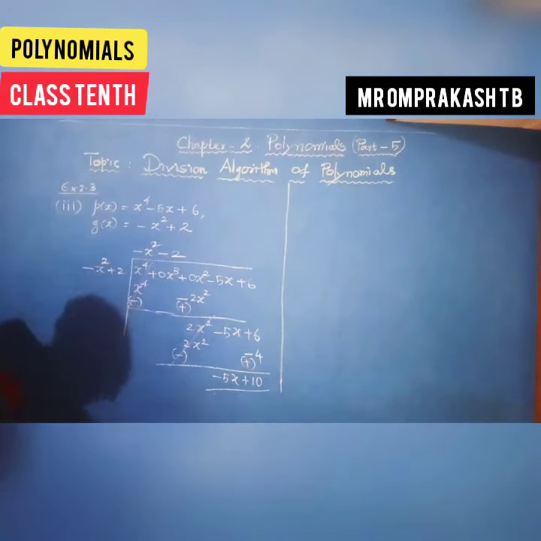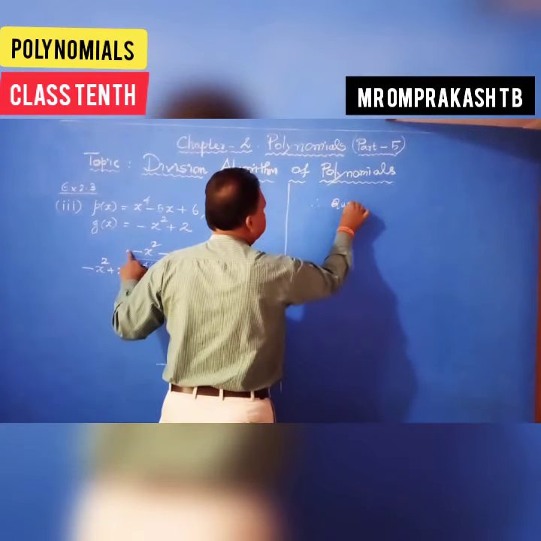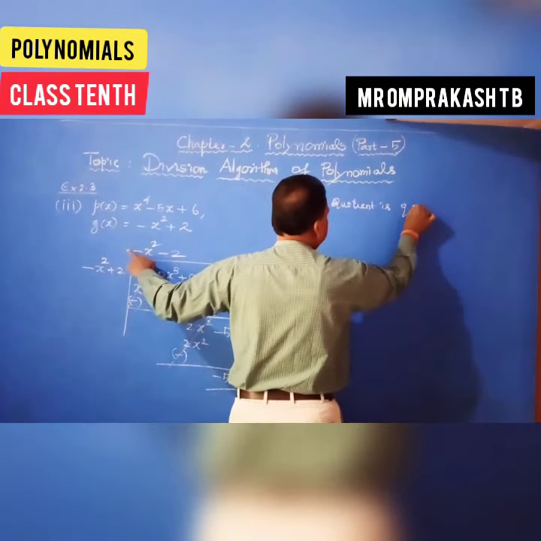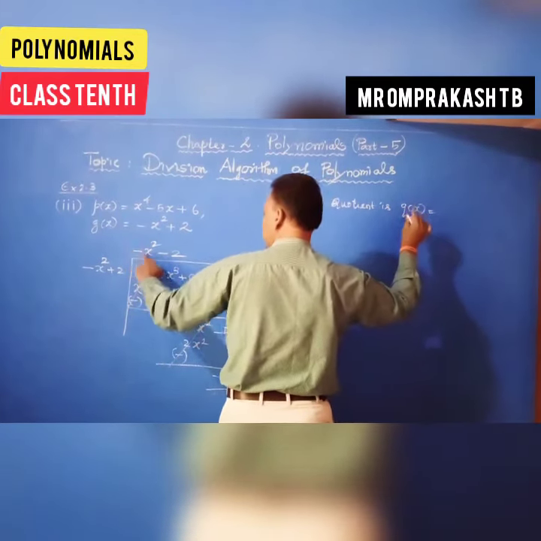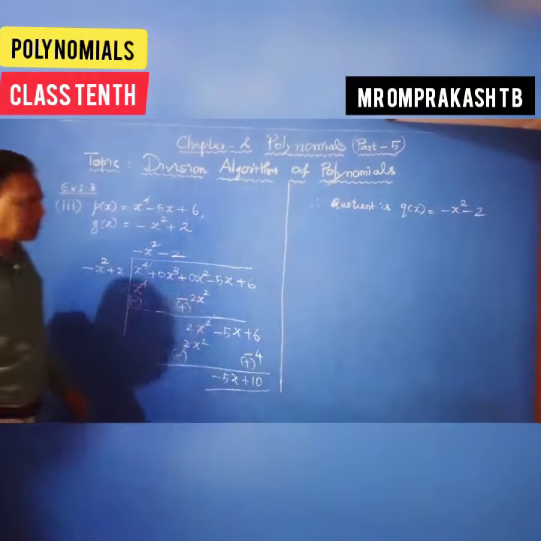Understand? So now the quotient is q of x. Therefore the quotient q of x is equal to minus x squared minus 2.